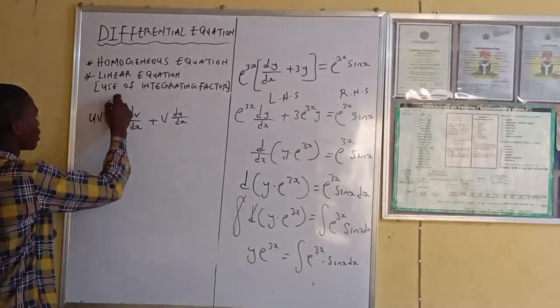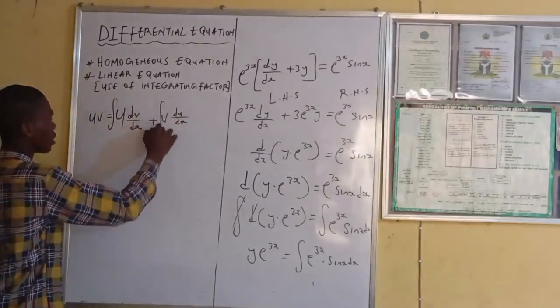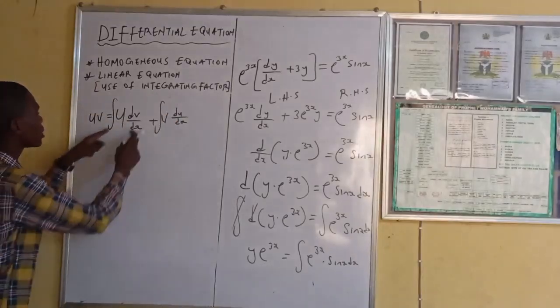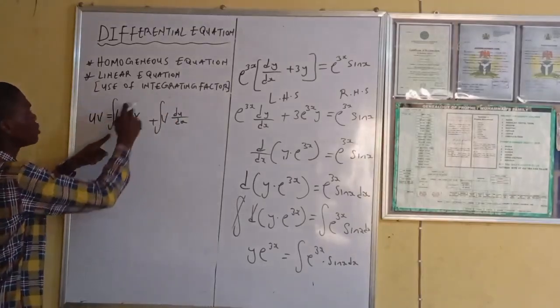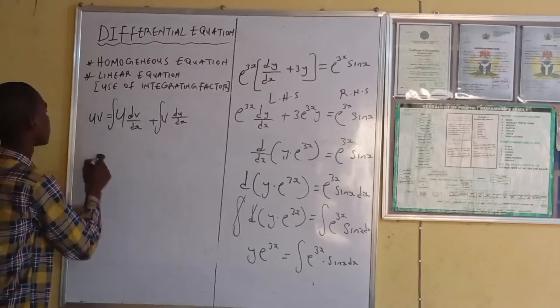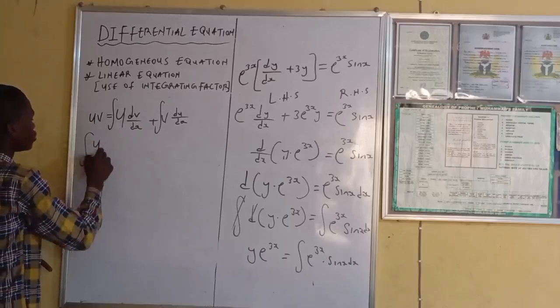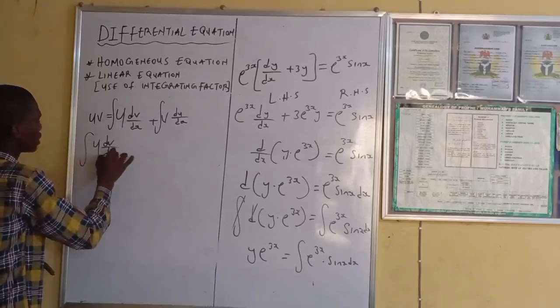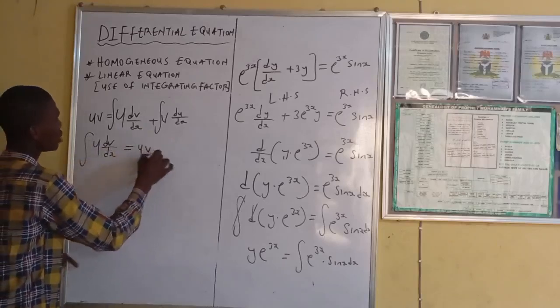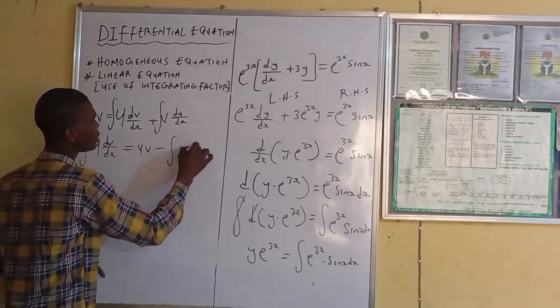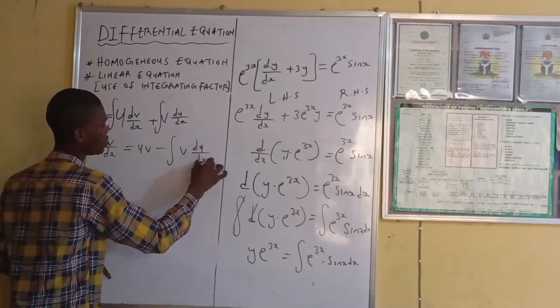Then add integral to this place, add integral here. Then make the middle one, which is integral u dv dx, the subject of the formula, meaning integral u dv over dx is equal to uv minus integral v du over dx.